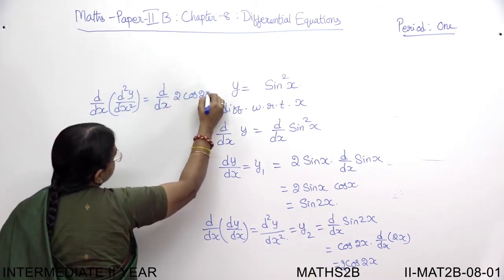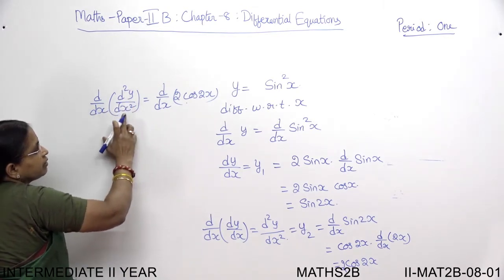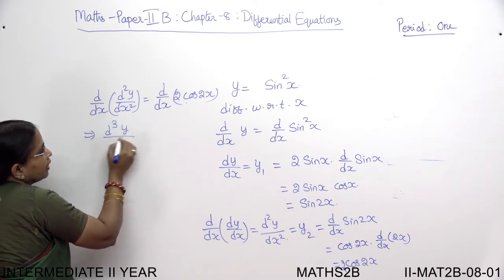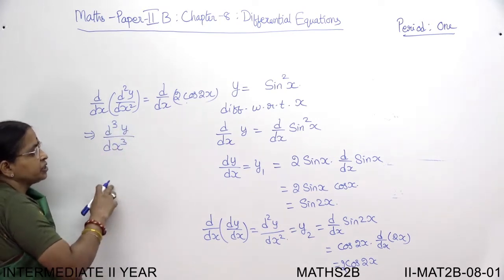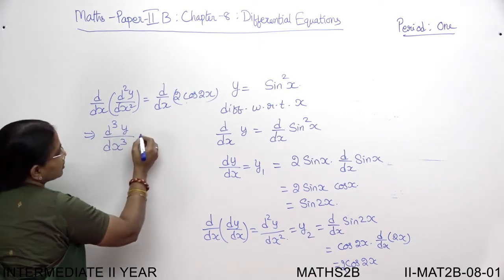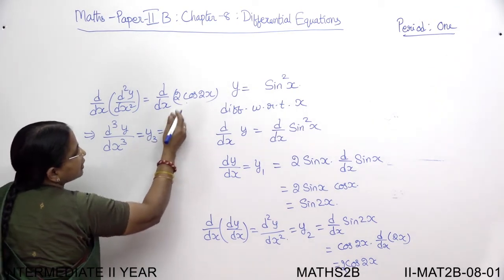Now see, this d by dx of d square y by dx square is denoted by d cube y by dx cube. So this is the notation. Again, if you differentiate, it is d power 4 y by dx power 4. This is denoted by y3. So it is the derivative of this.